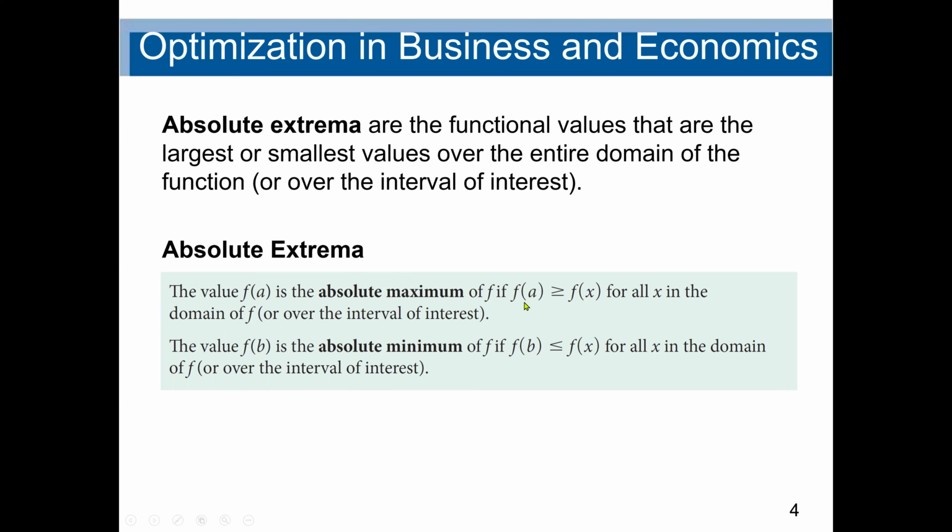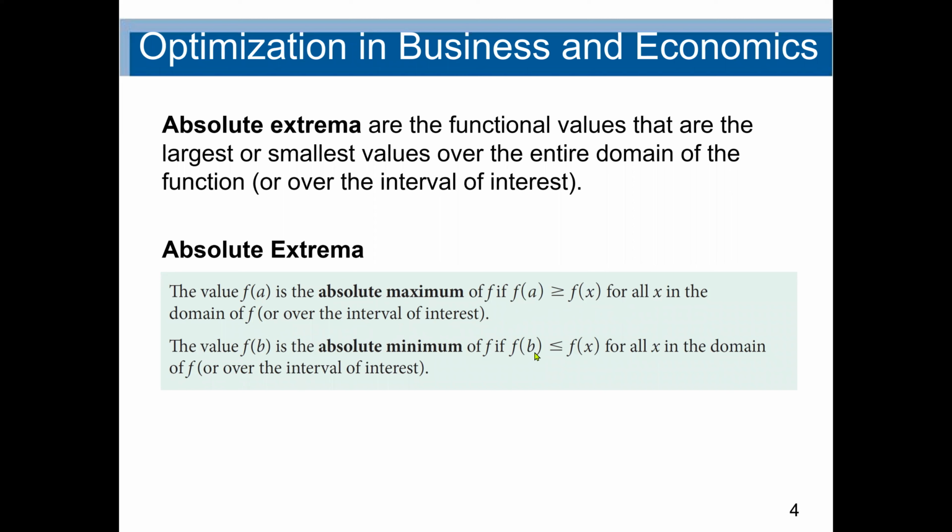So here we can say that if the function f at a is greater than or equal to f at x for all x in the domain of the function over an interval of interest, so we're just looking for the greatest value at a, then this will give us the absolute maximum.